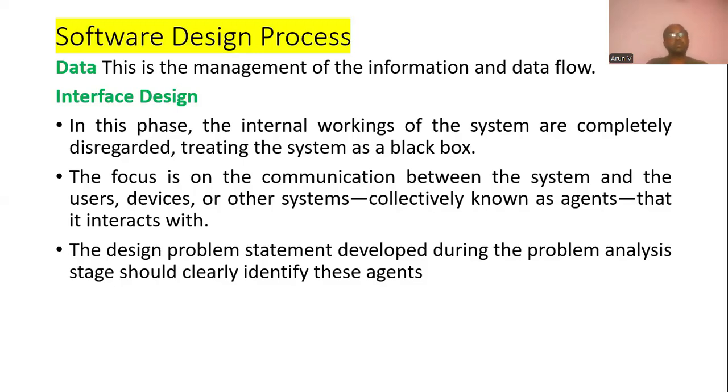Okay. But in this phase, we do not describe the internal working of the system, so it is called a black box. During this phase, we need to create the problem statement during the problem analysis stage. So all problem statements developed relate to the agents only.